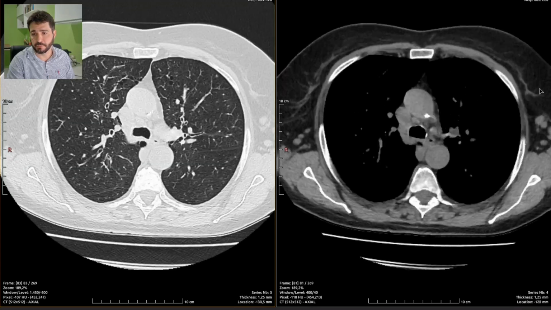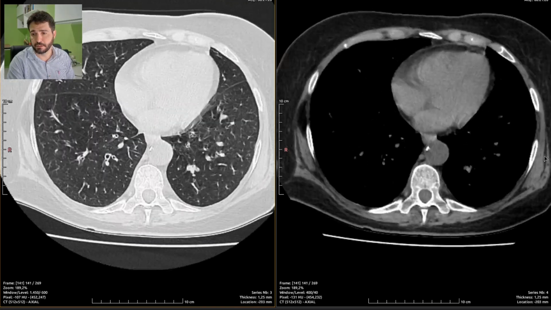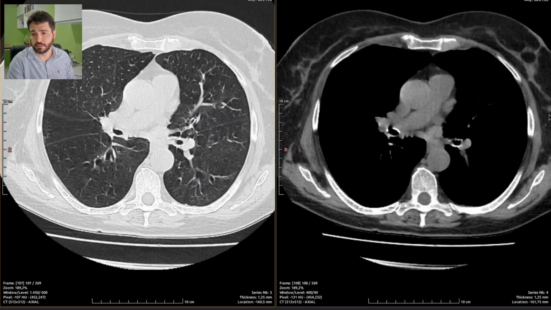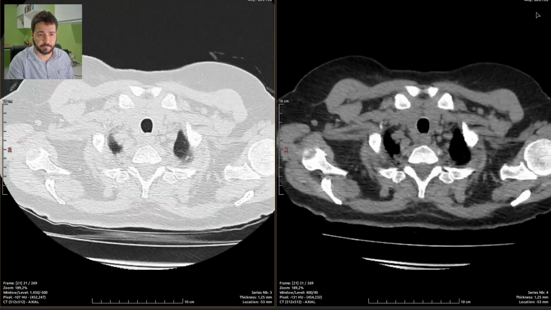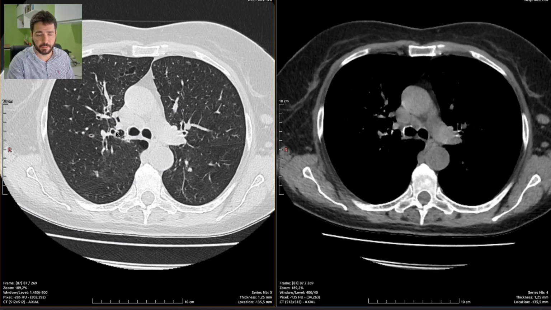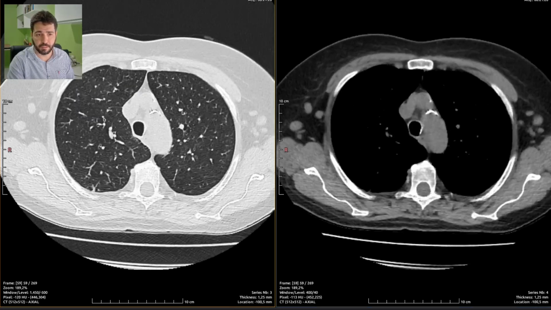There are also adenopathies, lymph node enlargement all over the mediastinum and the hila. So this isn't good.